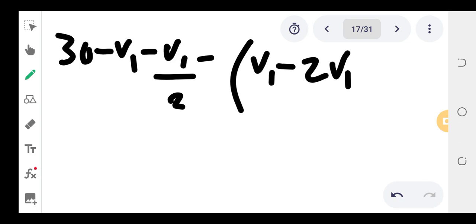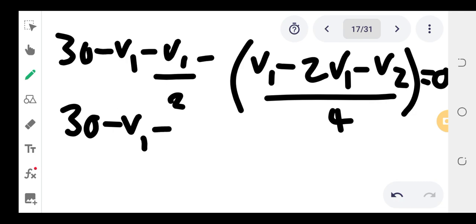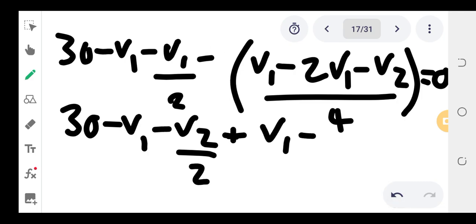So this is 2V1, minus V2, divided by 4. All these must be equal to 0. Reducing, we get this minus this, divided by 2. We know that V1 minus 2V1 is negative, so we are having negatives inside the bracket. When we multiply throughout by the negative sign, we get positive. So it is V1 plus V2 there.